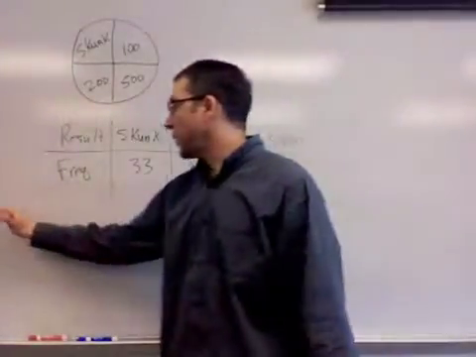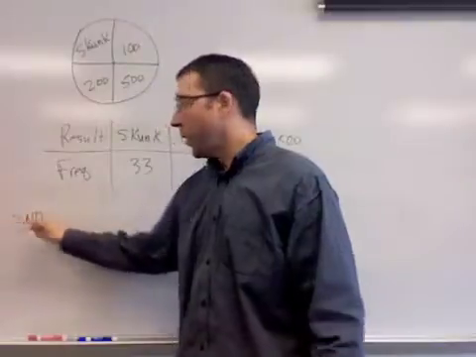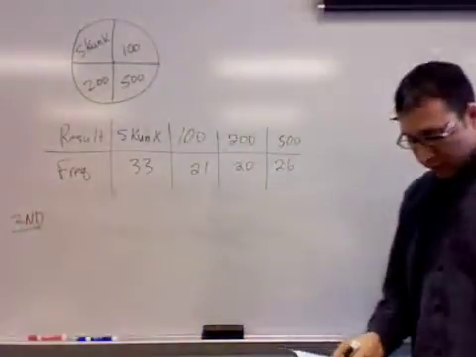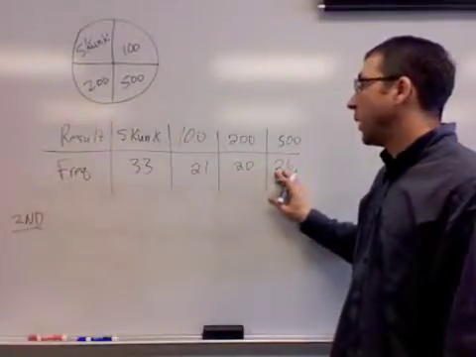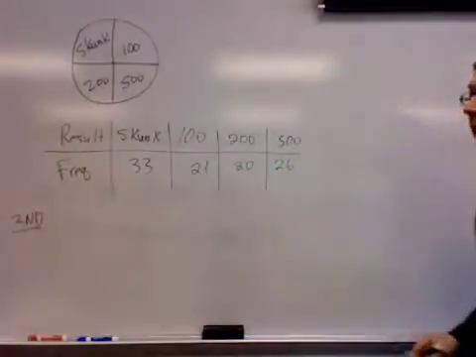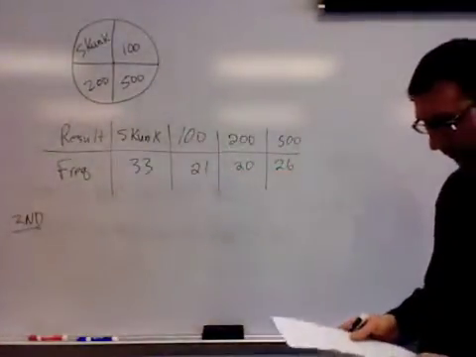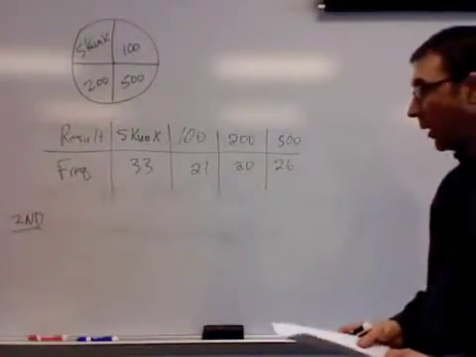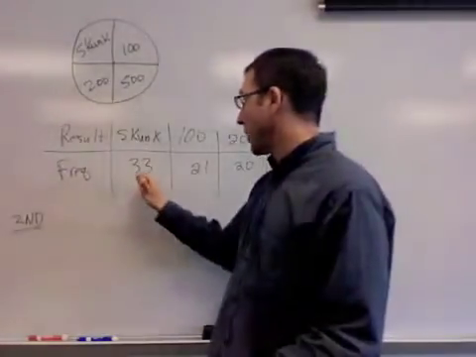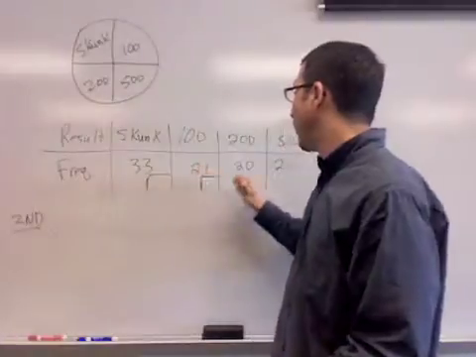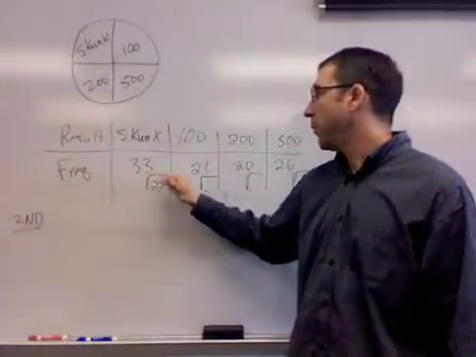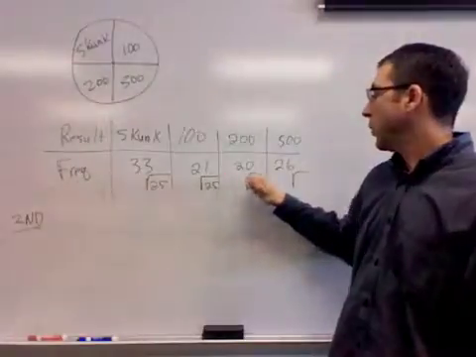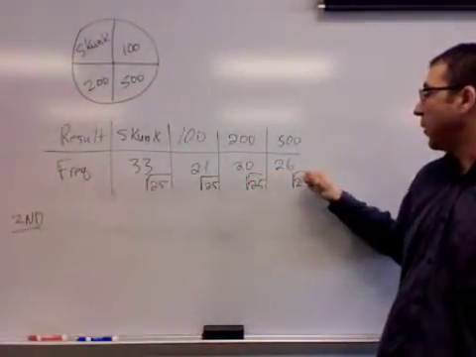The second step is to check the conditions. One of the conditions is that each of the expecteds comes out to be at least 1 or greater. And you can see that the expecteds for this wheel, which we could write in the corner of each of this chart, would be 25.